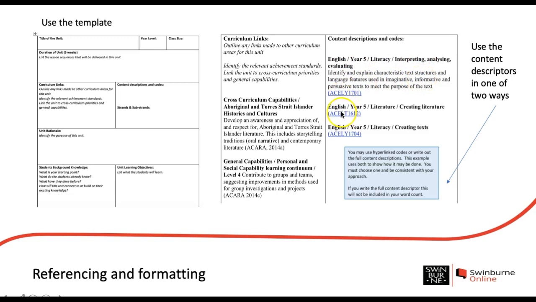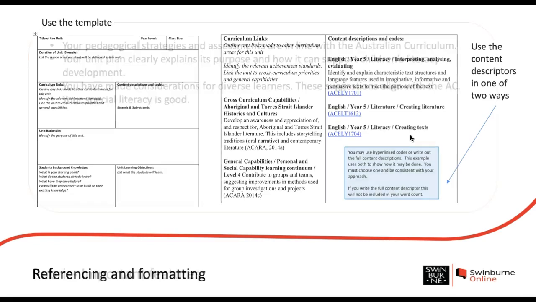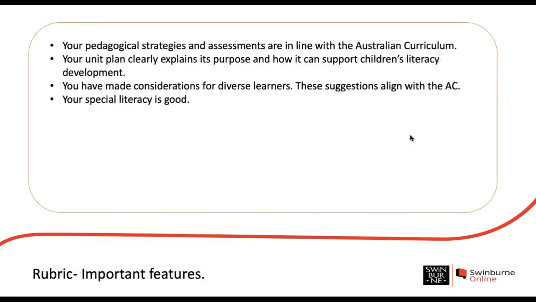We're quite happy for you just to put the code, a hyperlinked code, so that we can click on it should we need to. So this is a full example, and these are the more moderated, scaled back examples. You can use either, but once you choose one, it's got to be consistent throughout your unit. So really important things to think about in terms of the rubric.